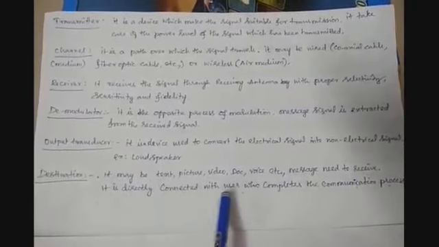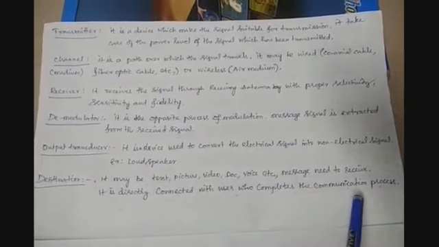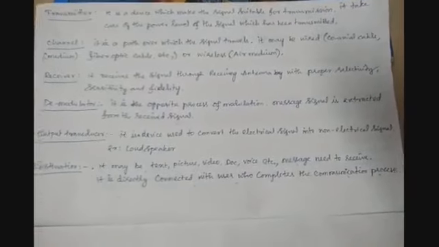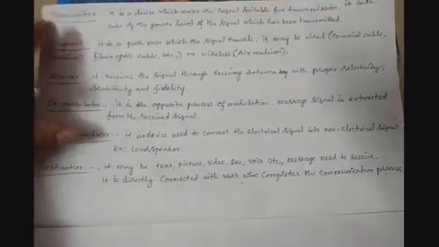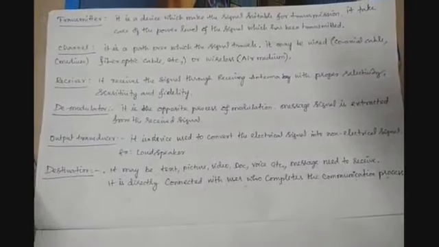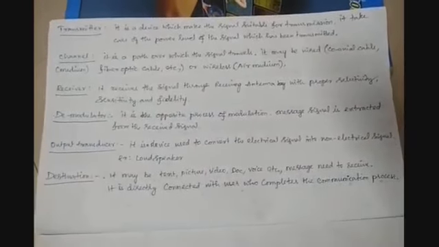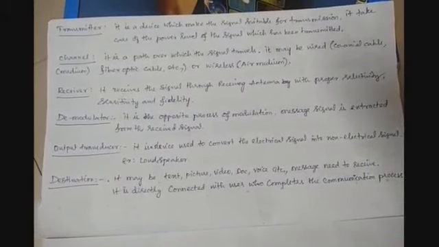It is directly connected with the user who completes the communication process. So that's all about the block diagram of communication system. And one more definition about noise, please take down. Noise is the unwanted signal interfered while the message signal travels through the channel.